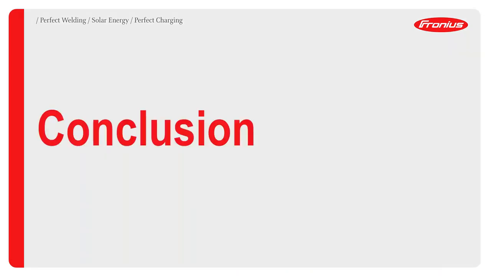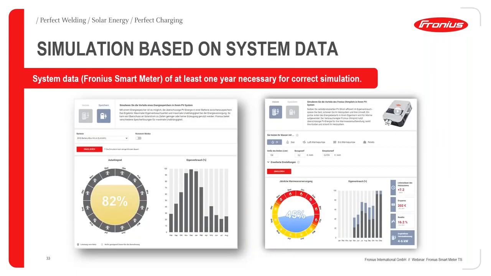All right, so let's step on to the conclusion of these slides. As we've heard, with the smart meter, we have a few advantages. The customer has, of course, a really good overview of the energy flows in the system. He knows exactly where he has his consumption.